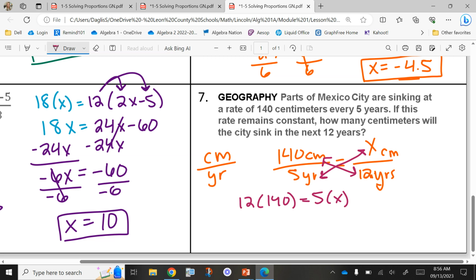All right, 12 times 140 gives us a lovely number of 1680. There we go. Equals 5x. And our last step, to get x by itself, divide. Divide by 5. We're going to get x is equal to what? 336.